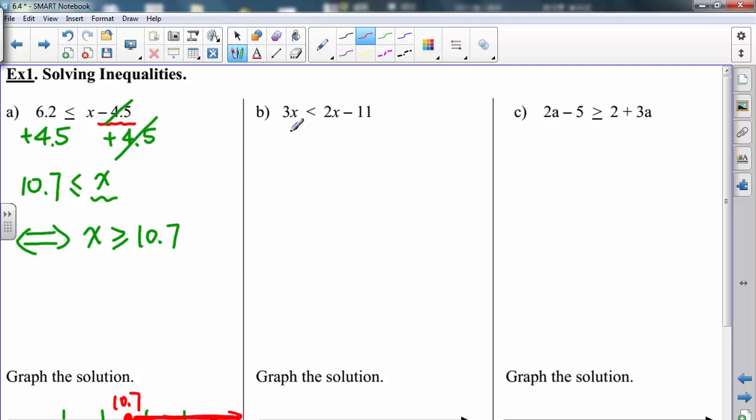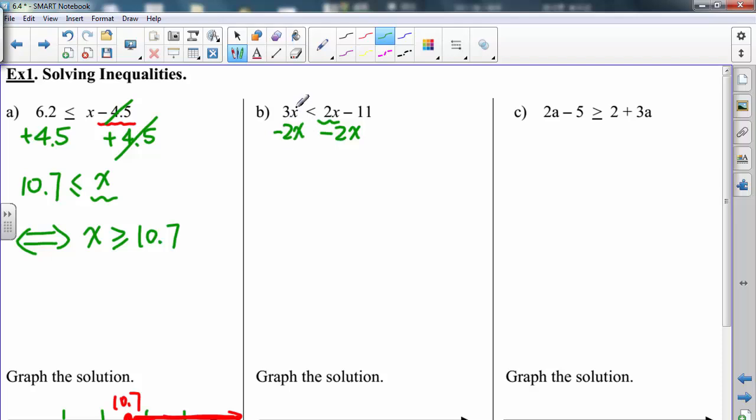Let's look at the second one. 3x is smaller than 2x minus 11. In this case, I have a variable on both sides. I want to cancel 2x on the right side, so I need to subtract 2x from both sides.